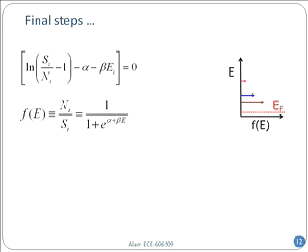You can see alpha and beta, I can take it to the right hand side, it's a log, I can make it an exponential. And remember, in the first equation I have Si over Ni, and I define F as the number of electrons in a number of states, right? And so therefore I have flipped it. So you can see how the 1 over exponential term might come about.